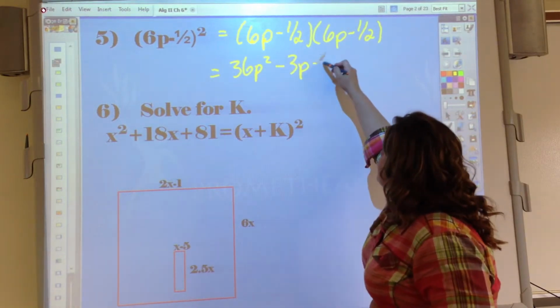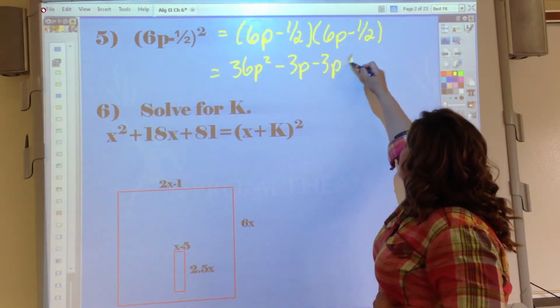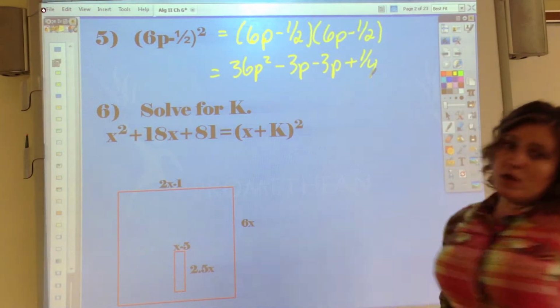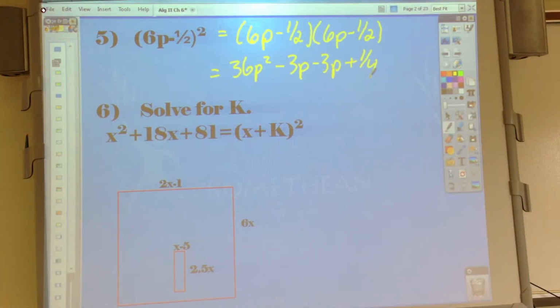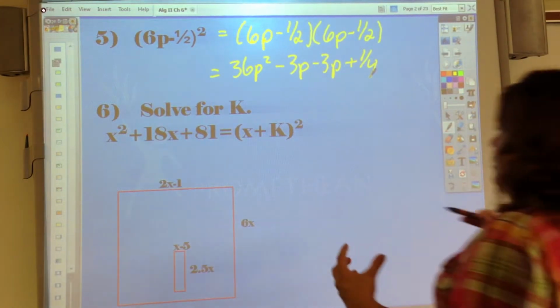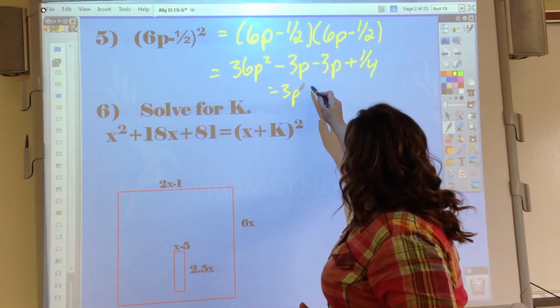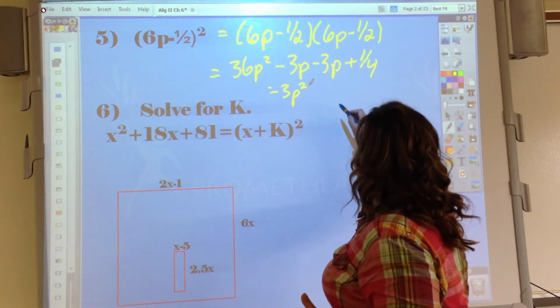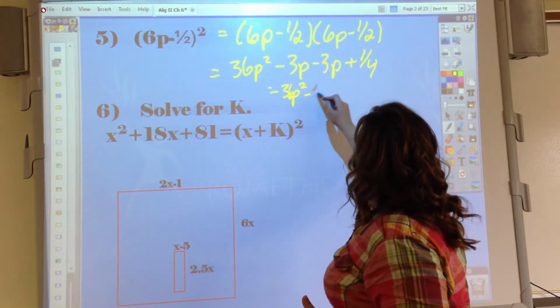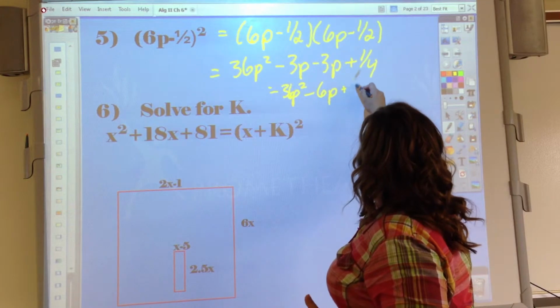Negative 1/2 times 6 gives me a negative 3p. And a negative times a negative gives me a positive 1/4. Again, my like terms are in the middle, and I can combine them to get 36p squared minus 6p plus 1/4.